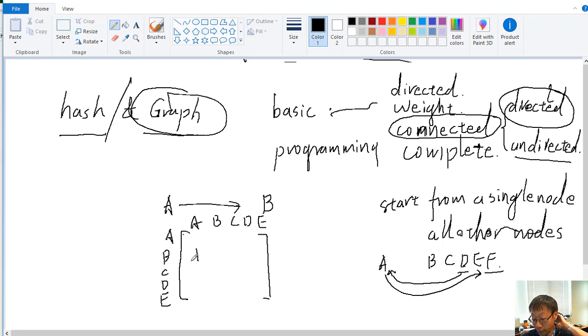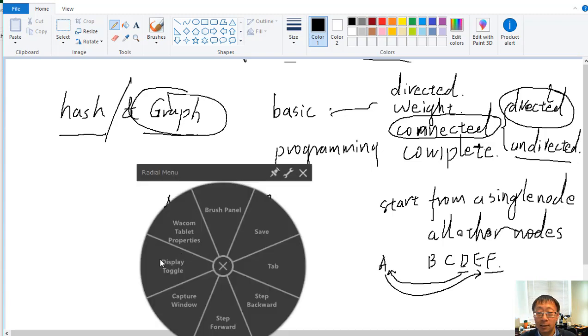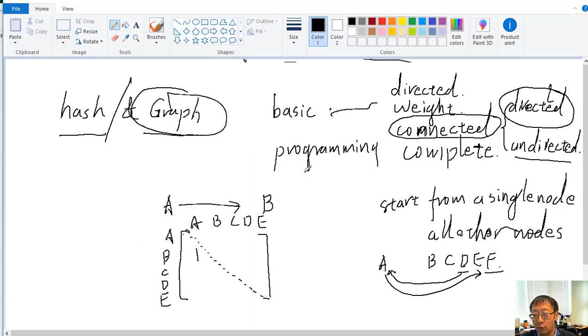And of course, you want to be very careful, because if it is an undirected graph, then the matrix will have a mirror effect, or symmetry, along the diagonal, because if you can go from A to B, you can go from B to A. So it will be a mirror. On the contrary, if it's a directed graph, you do not have this luxury, okay?